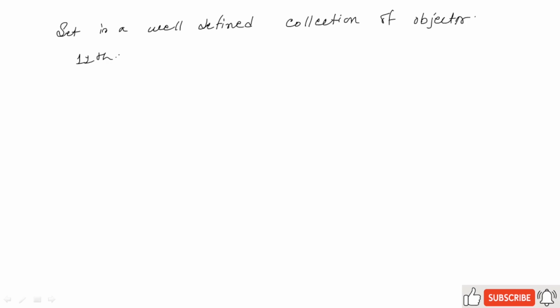So, let us take some small examples of set. Let us take a set A: the set of prime ministers of India after independence.